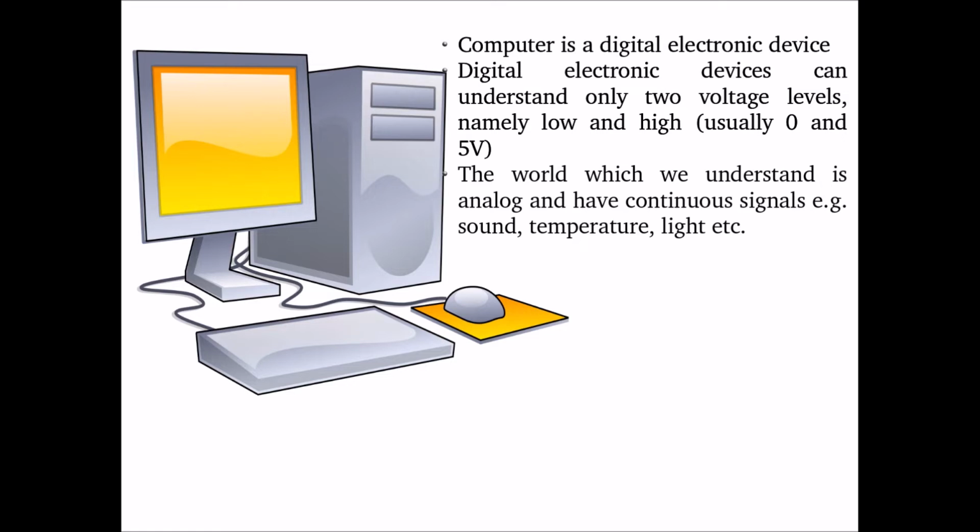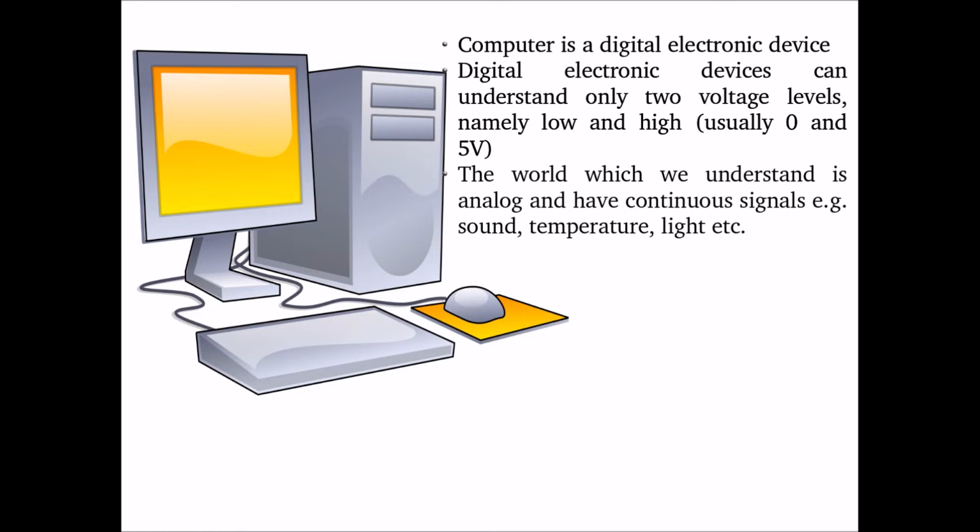And therefore we need a computer program which can take up instructions from the analog world, the world in which we understand instructions, and transform them to instructions in the digital world, that is the instructions in zeros and ones, and those instructions then can be processed with computer hardware.